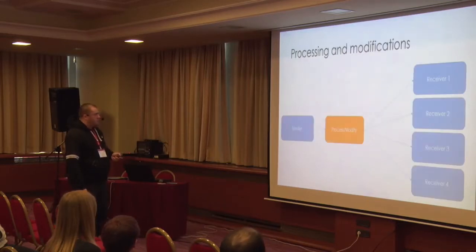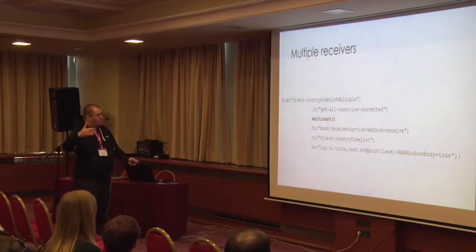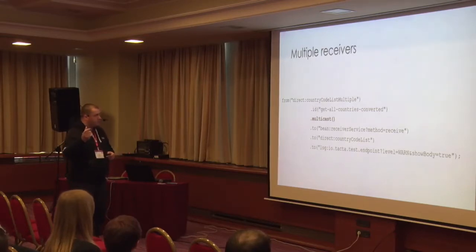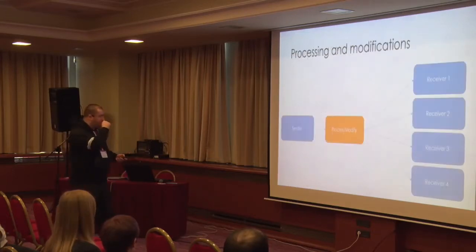So what you want is to add here the option called parallel processing, which will create threads for each of those receivers. With one limitation: the default number of threads it is going to create is 10. But you can give it an option to increase or decrease that.